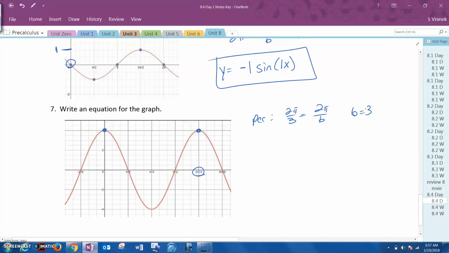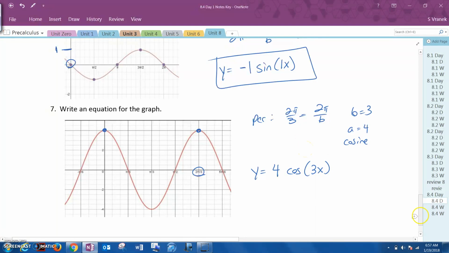So my b value is 3, my a value is 4, because it's up at 4, and it's cosine, because it starts at one of the tops and bottoms. Since it's positive first, it's positive. So my equation is positive 4 cosine of 3x, because my b value is 3.